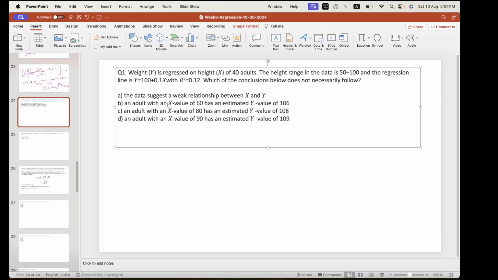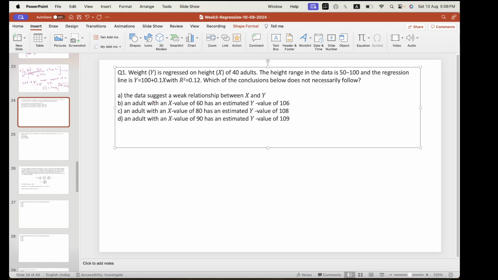So then, what does this say? The adult with an x value of 60 has an estimated y value of 106. X value of 80 has an estimated y value of 108, or this one, adult with an x value of 90 has an estimated value of 108.